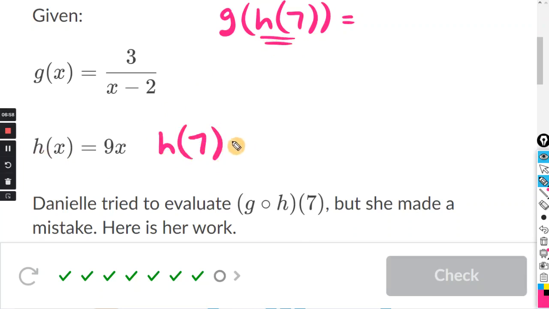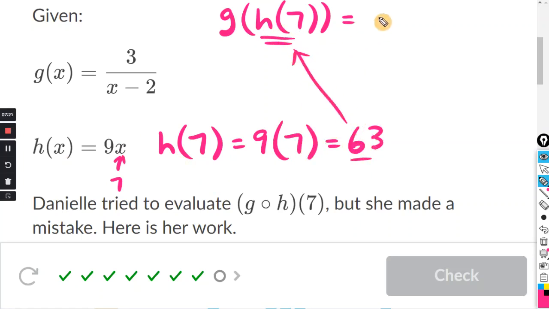So h of 7 means you're going to plug in 7 in place of x. The 7 goes right in there, and that's just going to be 9 times 7, which is 63. So h of 7 is 63, so replace h of 7 with 63. Now it's going to be g of 63.